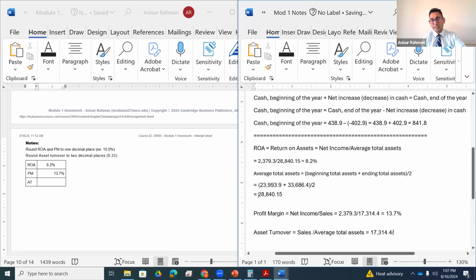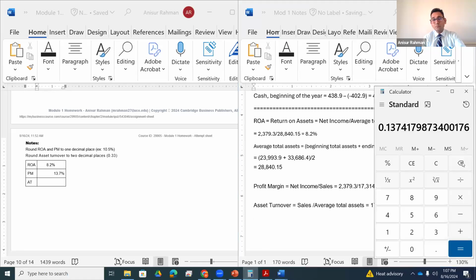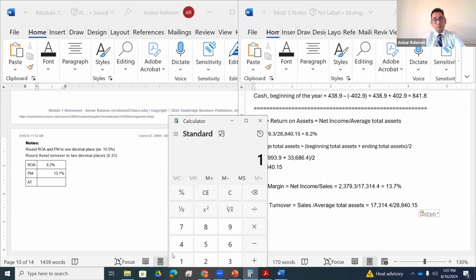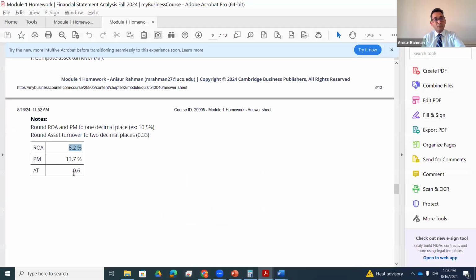We already calculated here, 28,000. So round asset turnover to two decimal places. So it should be 0.60.